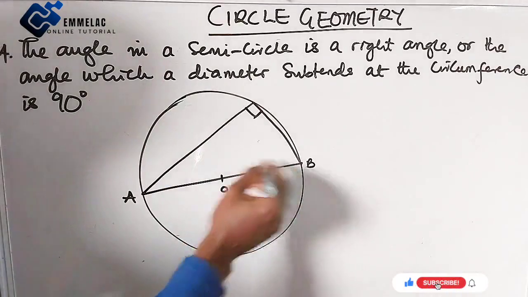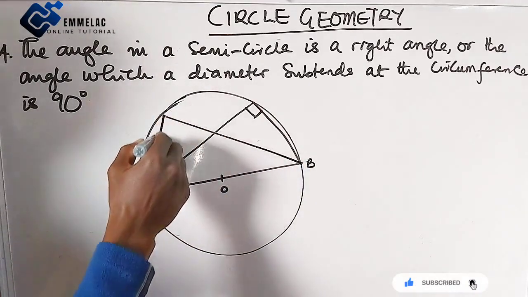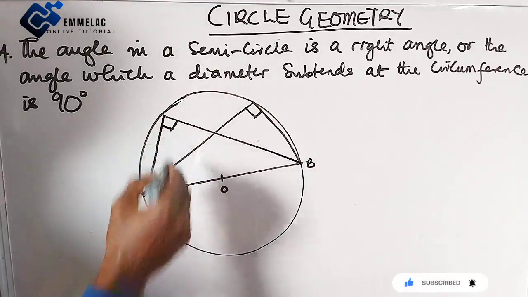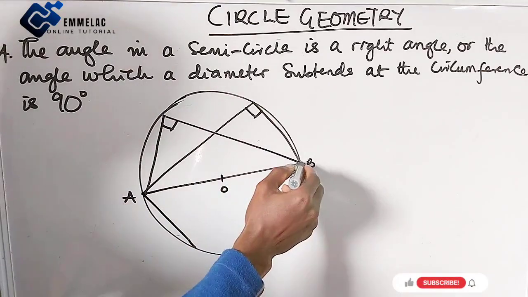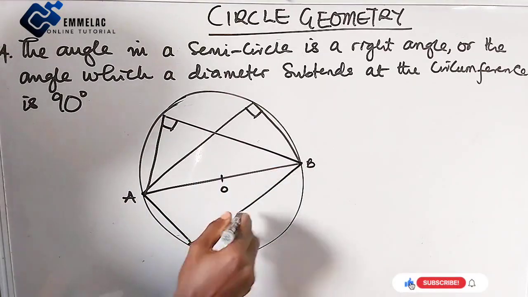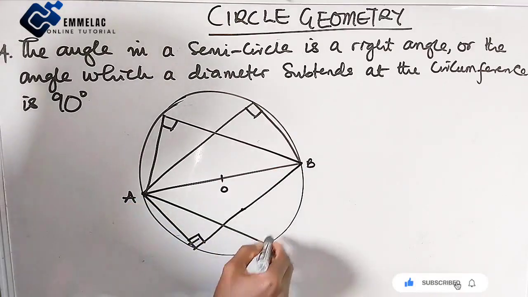It would also be this way, this also 90 degrees. It could be this, it would also be this.